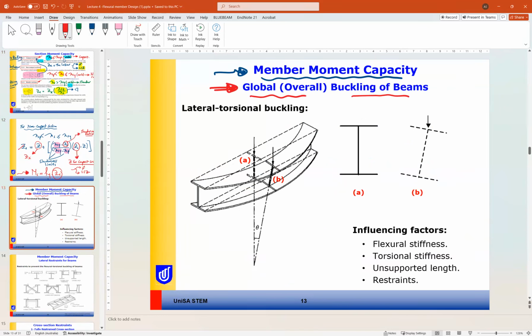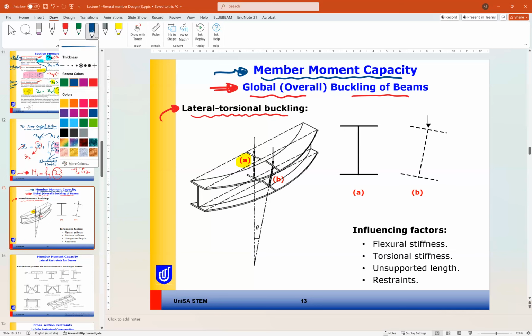In beams, when we apply vertical load, the beam will be susceptible to lateral torsional buckling. So if you look at this beam, the original beam position is A, and after the loading, this beam is only restrained at the support here and at the support here.